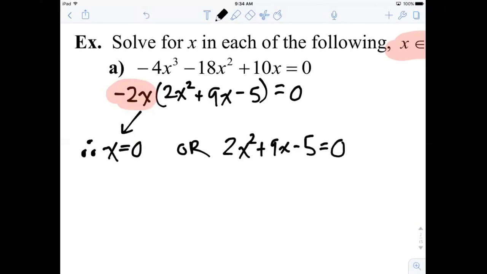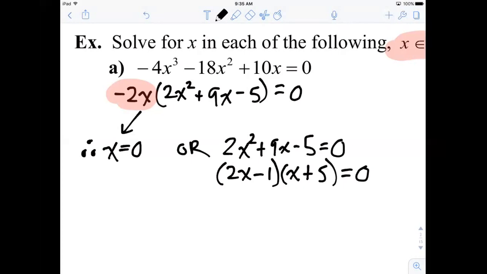But now what we recognize is that the thing that I just wrote down there on the right side is really just a tricky trinomial that can be factored using our tricky trinomial skills. So if you take a minute and do that, I got 2x minus 1 and x plus 5, and that's still equal to 0. And so that itself now breaks up into two separate roots.